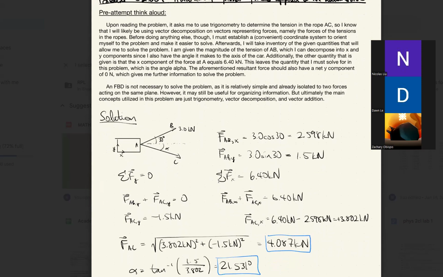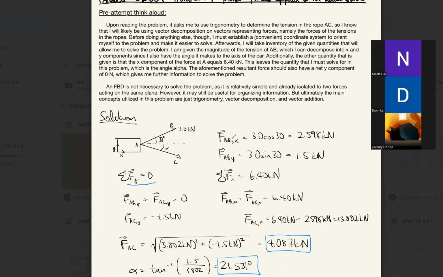So that means we can set up the sum of forces in the Y direction to be 0. That means the Y components of the tensions FAB and FAC have to sum to 0.